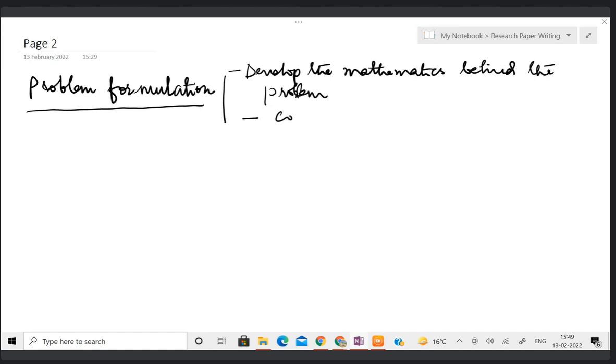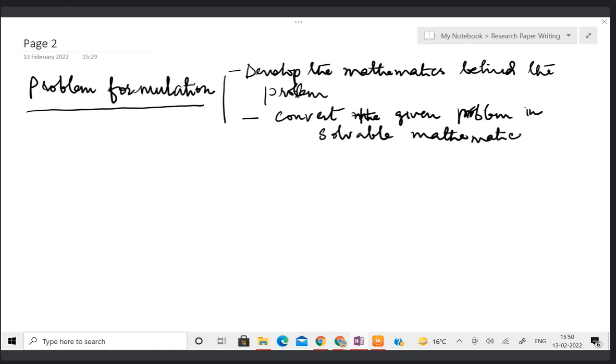Basically, it means to convert the given problem into mathematical equation form. Okay, convert the given problem in solvable mathematical form.